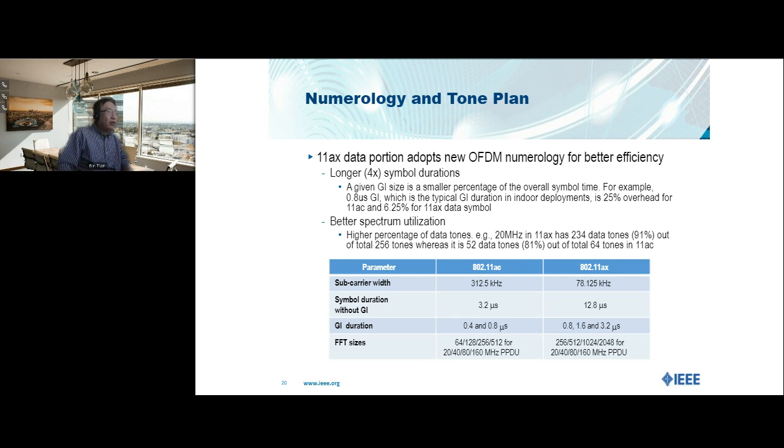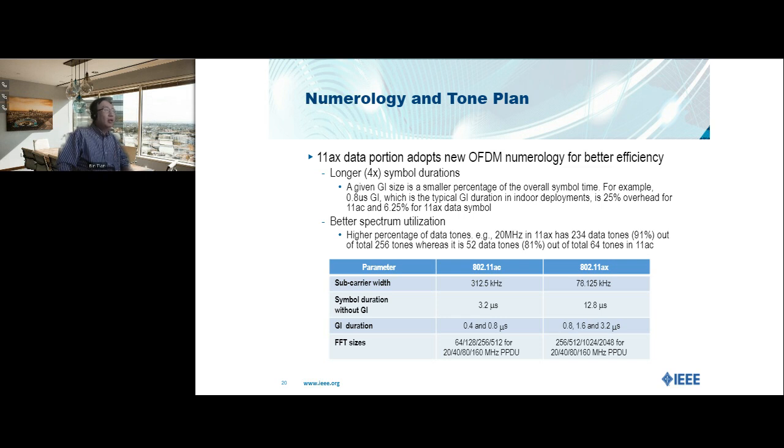So that allows you, for example, for 20 megahertz, instead of a 64-point FFT, to now use a 256-point FFT. With more tones, you can allocate a little bit less to overhead tones, which I mean the guard tones, the DC, and all the pilot tracking tones. So as an end result, the new numerology gives you better spectrum efficiency.